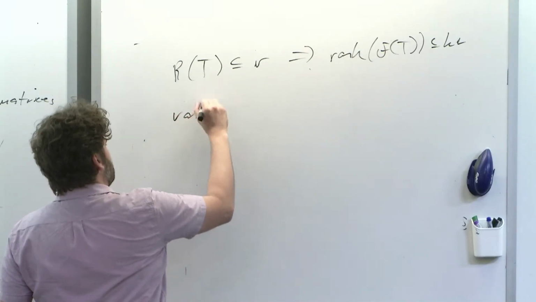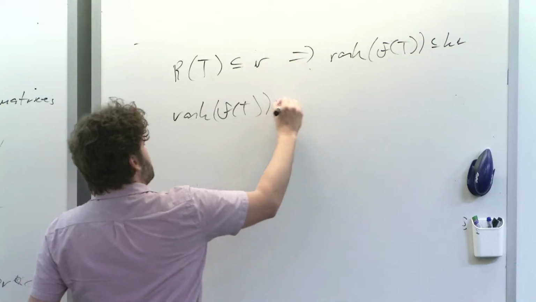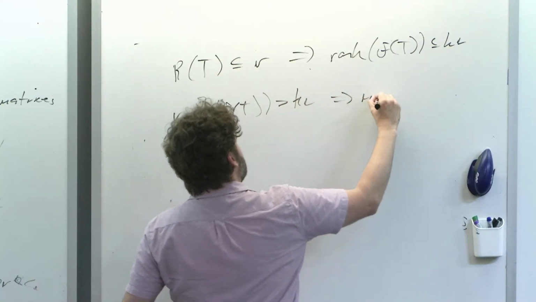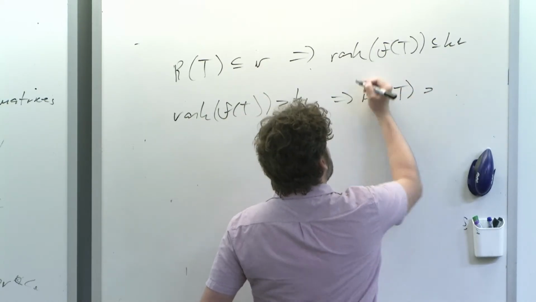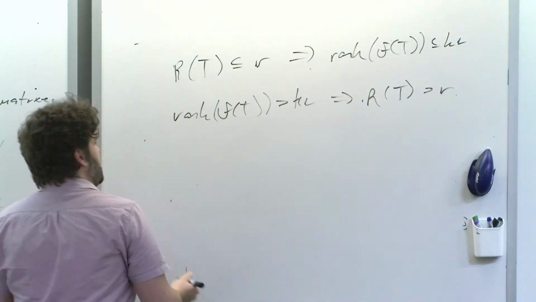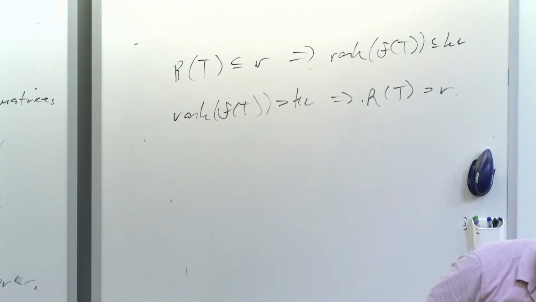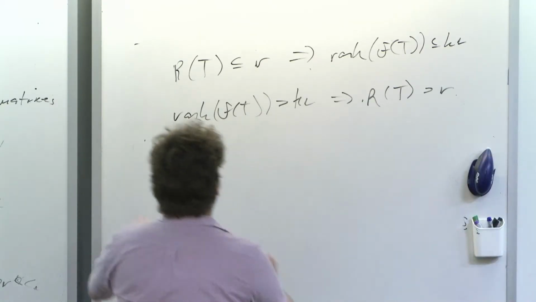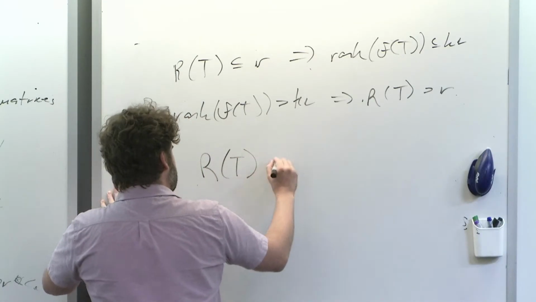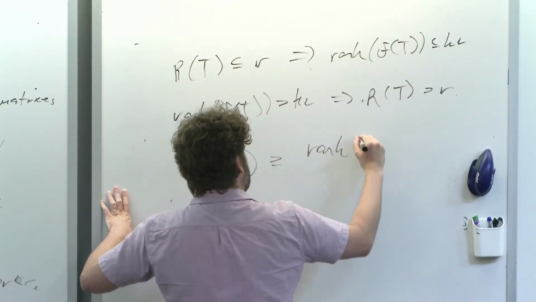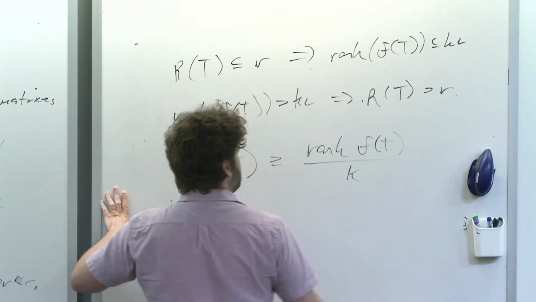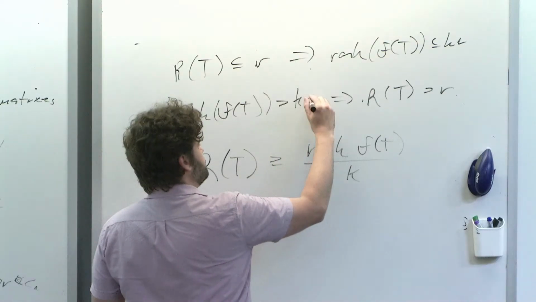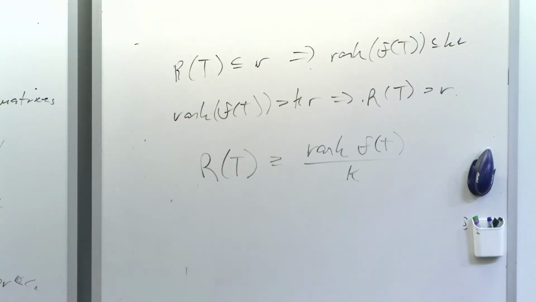So that means that the rank of F of T strictly bigger than K R implies the rank of T strictly bigger than R. Maybe another way of writing that is to simply say that the rank of T is bigger than or equal to the rank of F of T divided by K. Okay, so this is the mechanism by which the rank can be lower bounded.